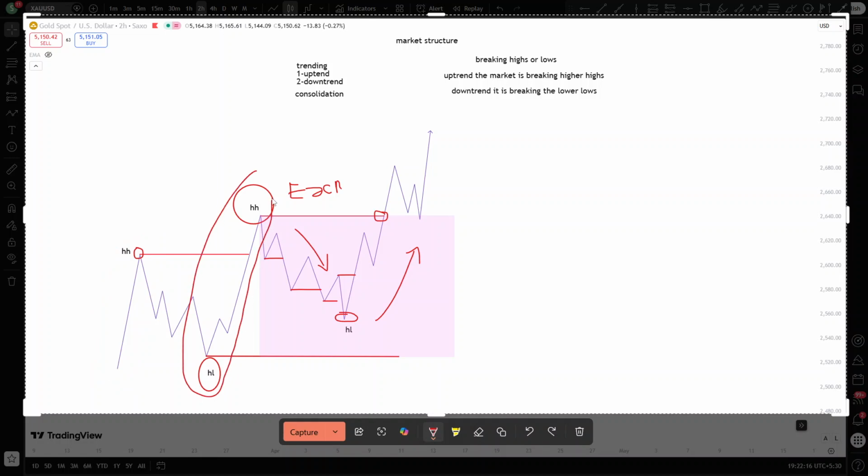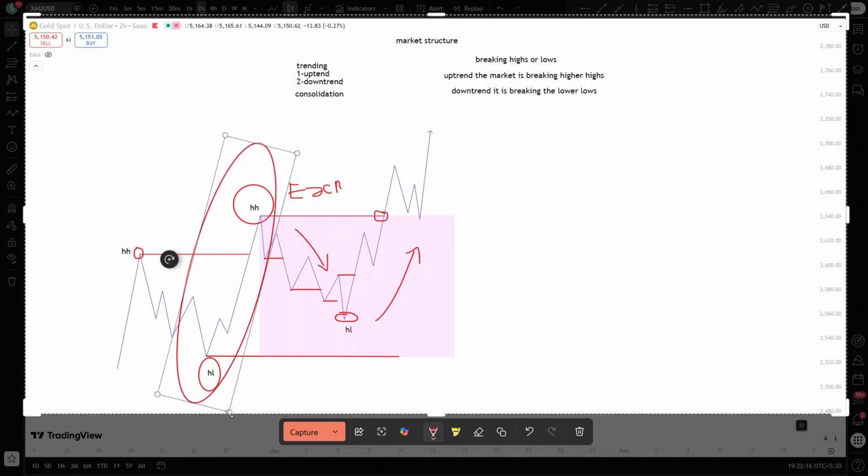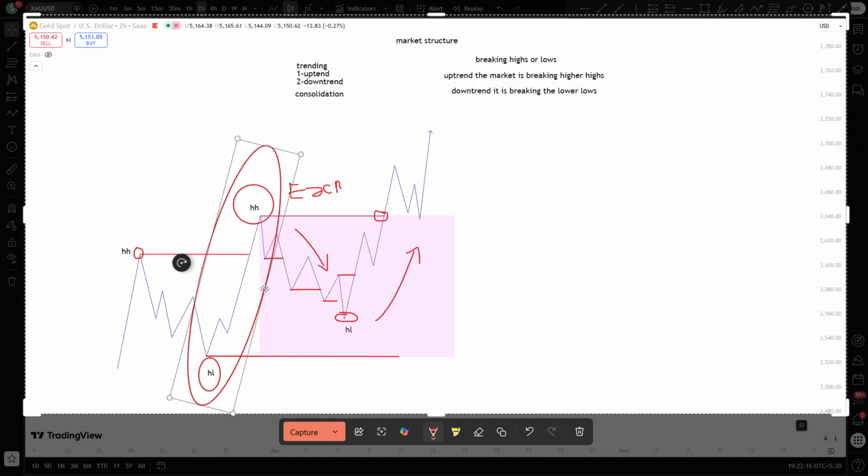This whole range here, which we are having right now, is our range, and this is the one we are considering as our external structure. Let me explain this.